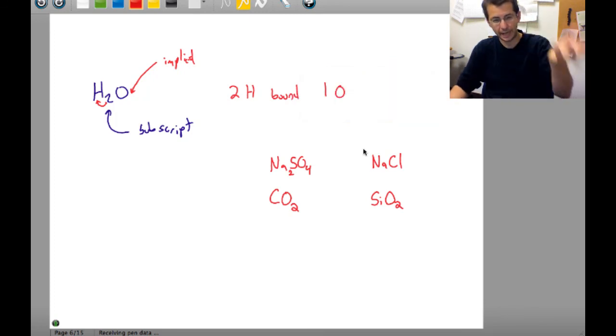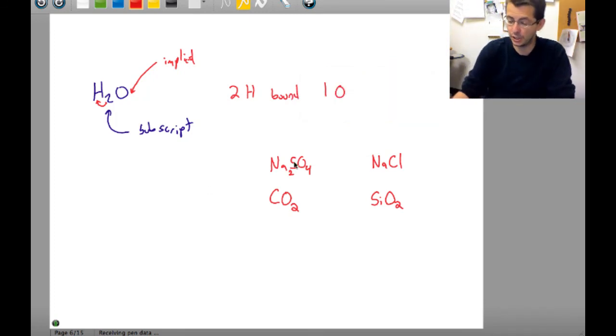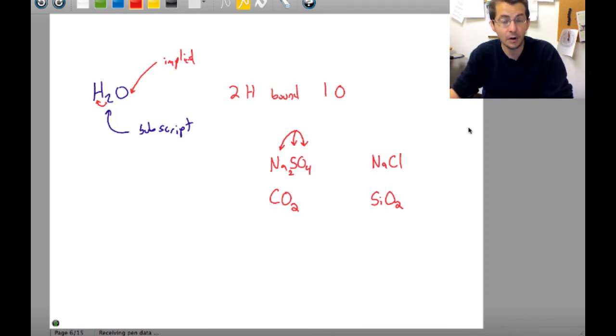Now this again goes back to Dalton. The ratio of the number of atoms, the number of elements in a given compound, is usually a small whole number ratio, like 2 to 1 to 4. And we'll actually use this when we talk about empirical formulas later in the course.